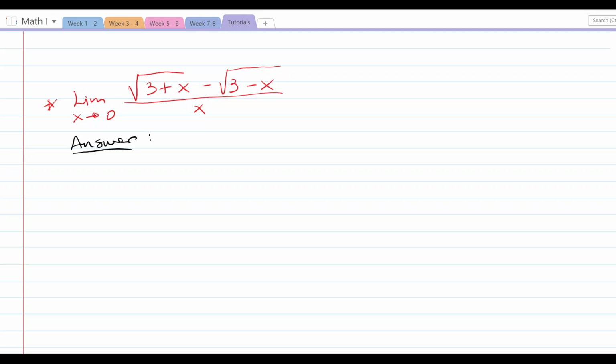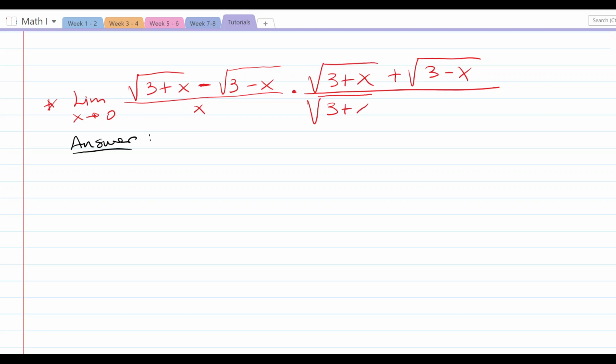So our problem can be multiplied by the conjugate, which is 3 plus x plus 3 minus x. Just change the sign here. This is negative, the conjugate will have a positive sign, and therefore this must be equivalent to 1.